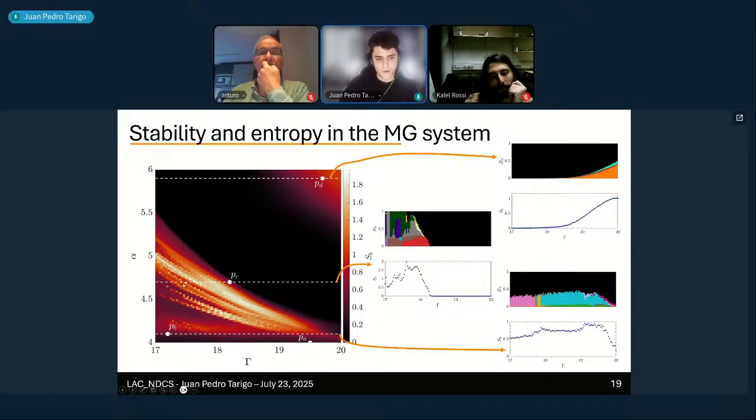And when we approach this chaotic region, entropy peaks. Entropy peaks when chaos is born, and then decreases as we approach only chaos solutions, right? And this happens along all the line.